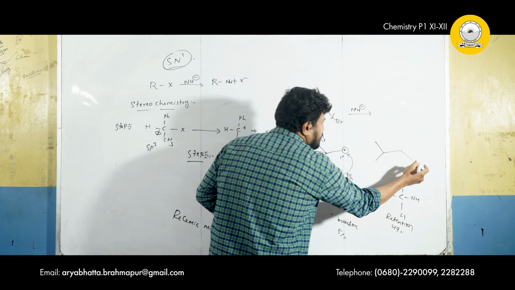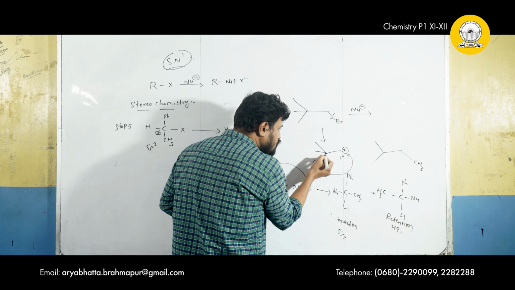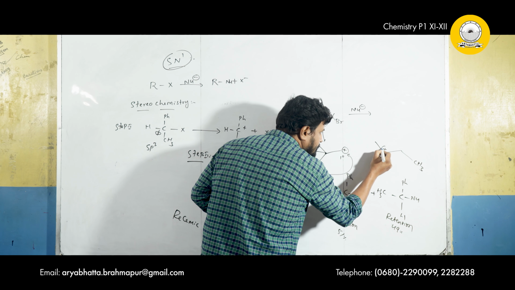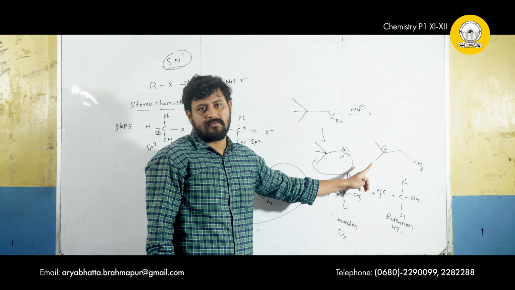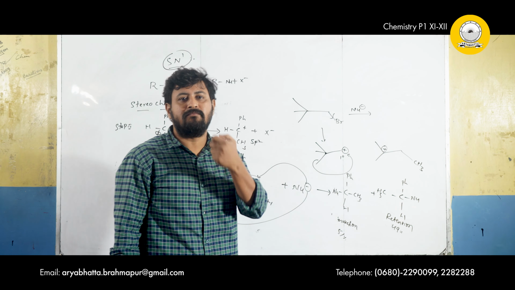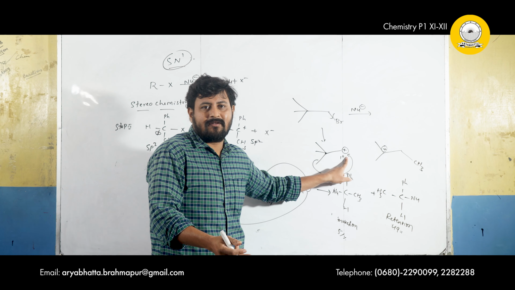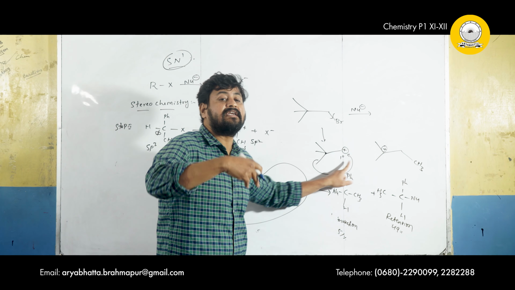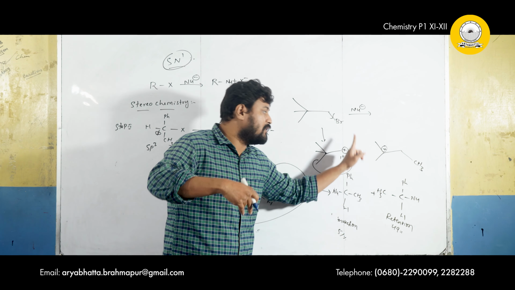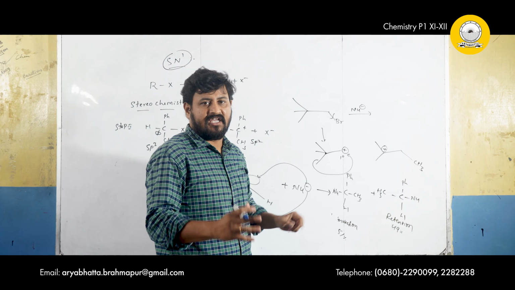The carbon loses the methyl group, and then this is the positive charge. This is the rearrangement. If, after rearrangement, we get the most stable carbocation, the rearrangement is possible.